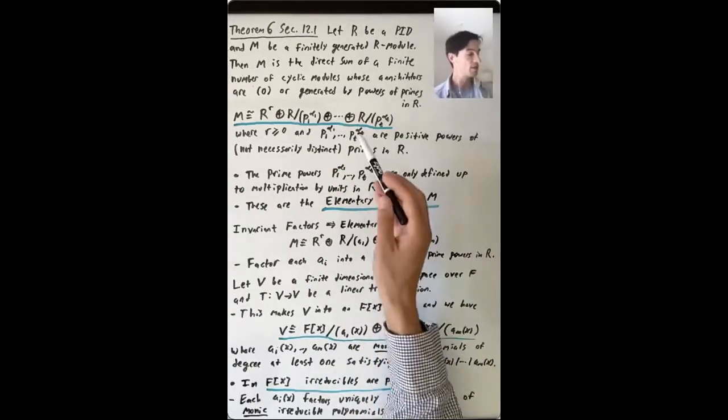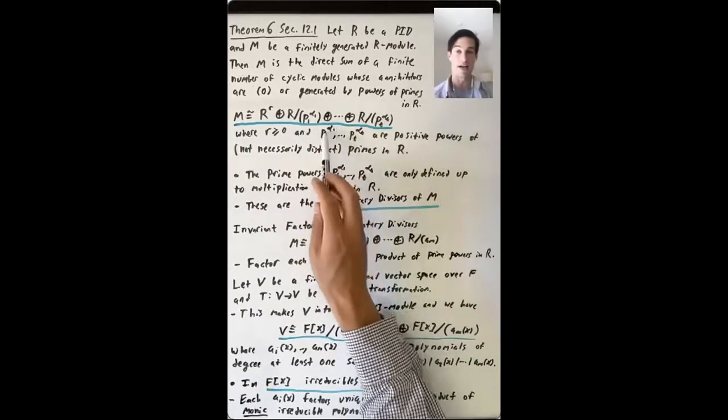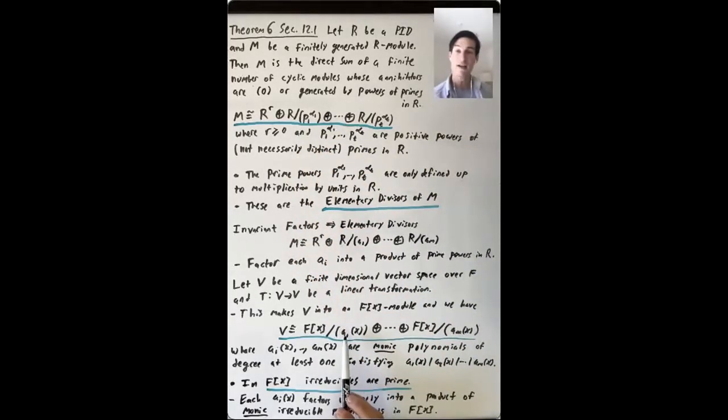So we want to do the same thing where we go from the invariant factor decomposition to the elementary divisor decomposition. The idea is to take each one of these monic polynomials and factor it as a product of primes in F[x]. But what are primes in F[x]? In F[x], irreducibles are prime: you're prime if and only if you're irreducible, so the prime elements are exactly the irreducible polynomials. So each one of these ai(x) factors uniquely into a product of irreducible polynomials in F[x].